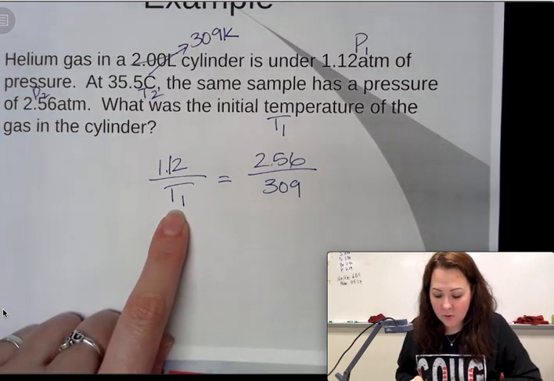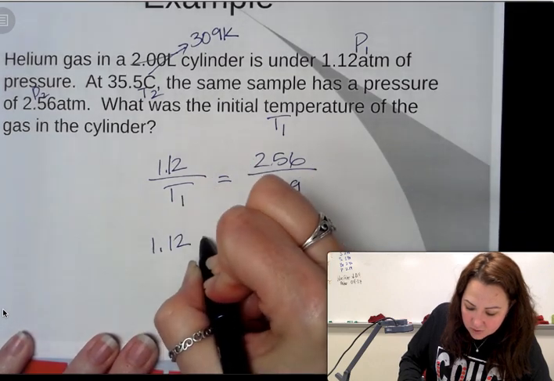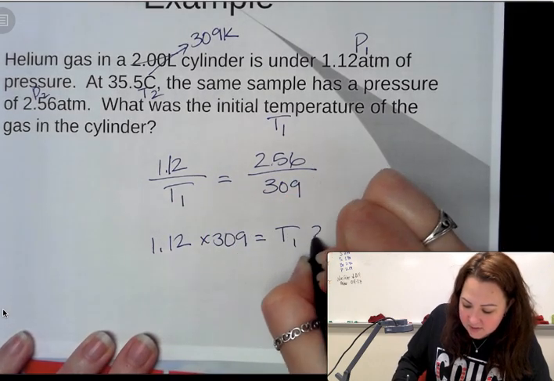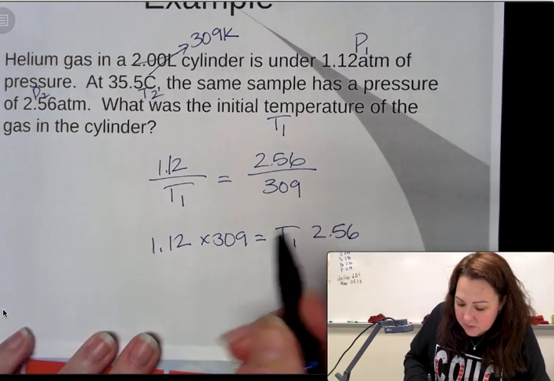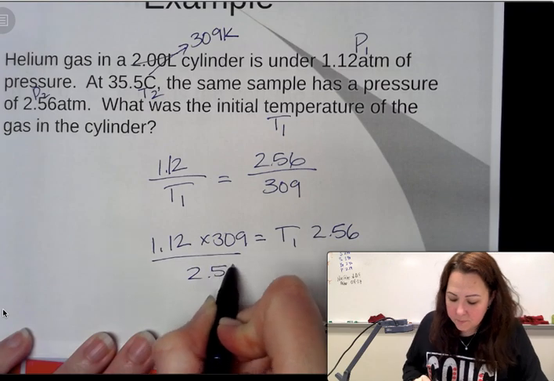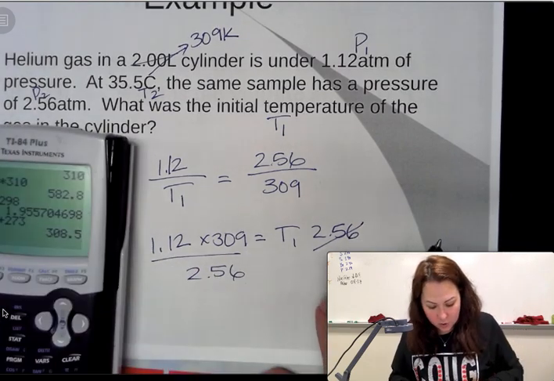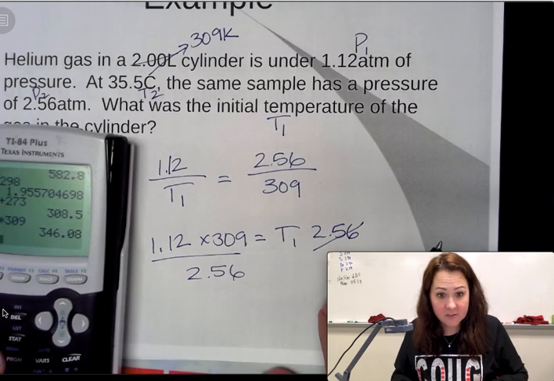How I solve for T1 is by cross multiplying. 1.12 times 309 is equal to T1 times 2.56. To get T1 all by itself, I'm going to divide both sides by 2.56. So now to get my answer, I'm going to take 1.12 times 309 divided by 2.56.